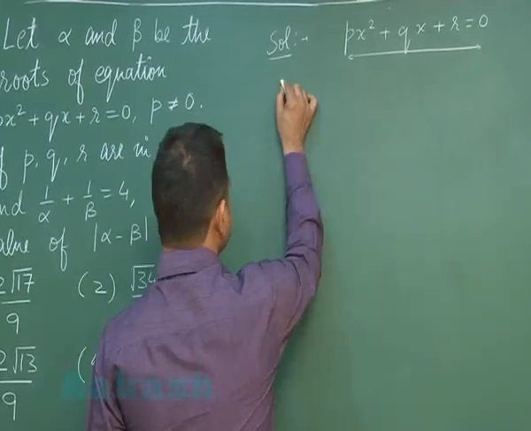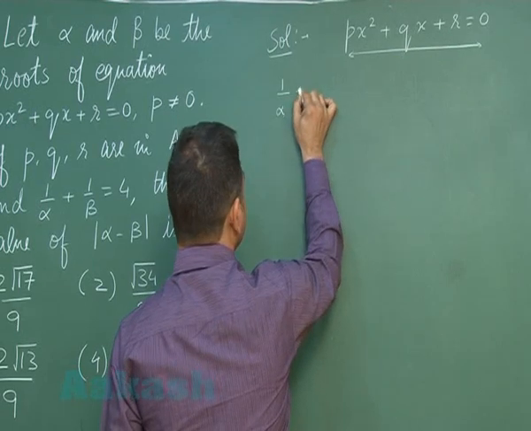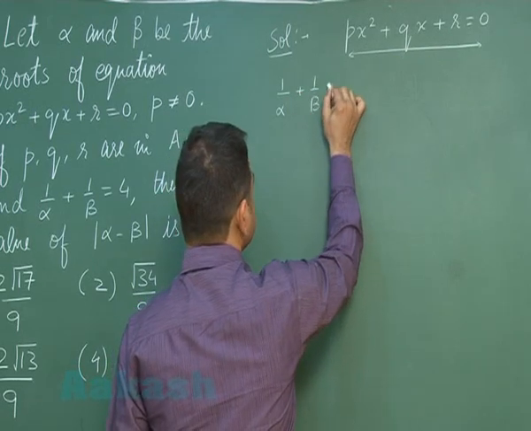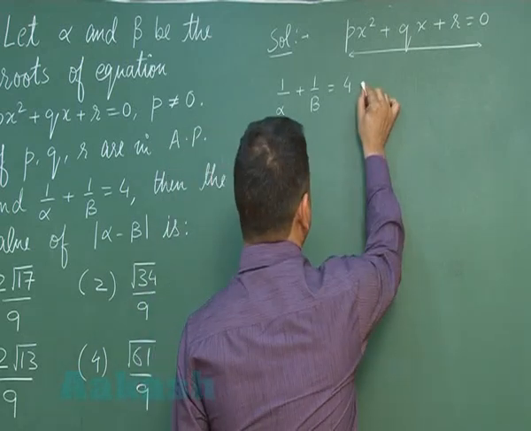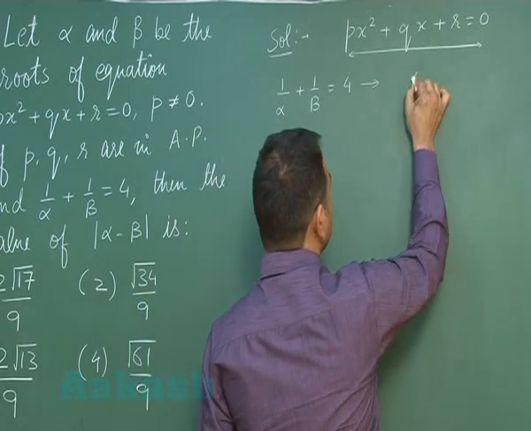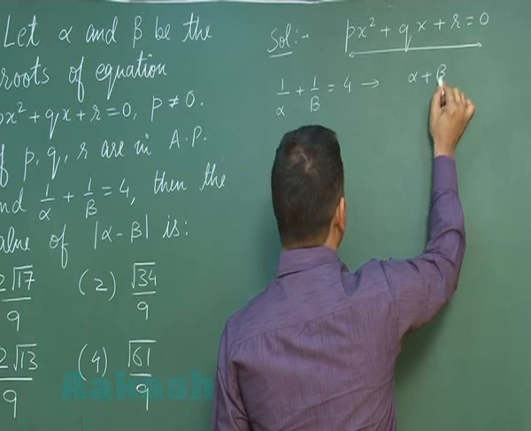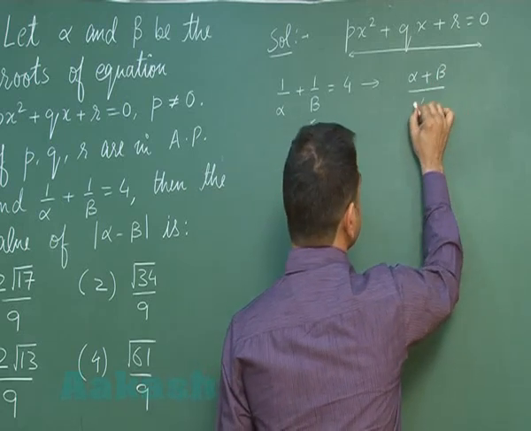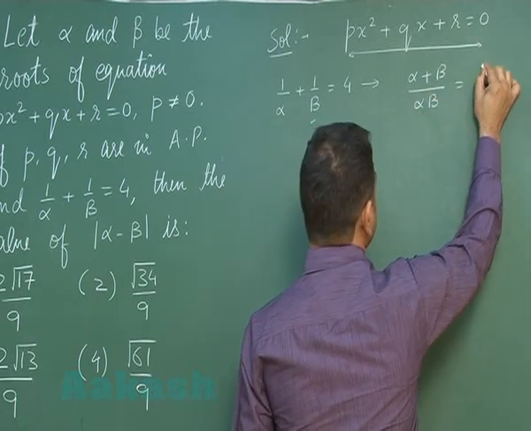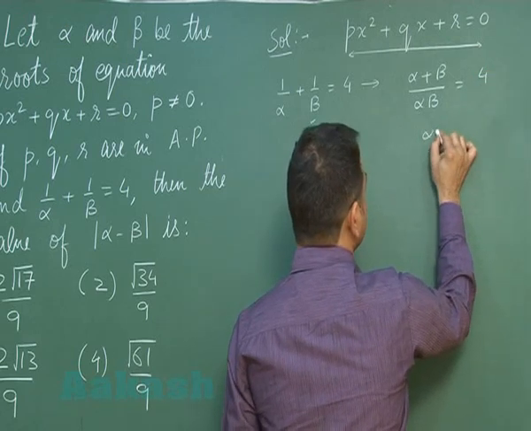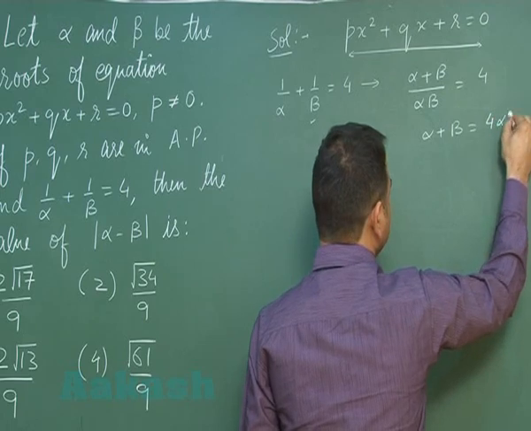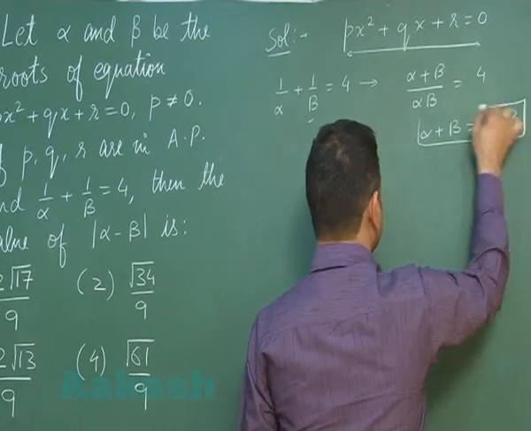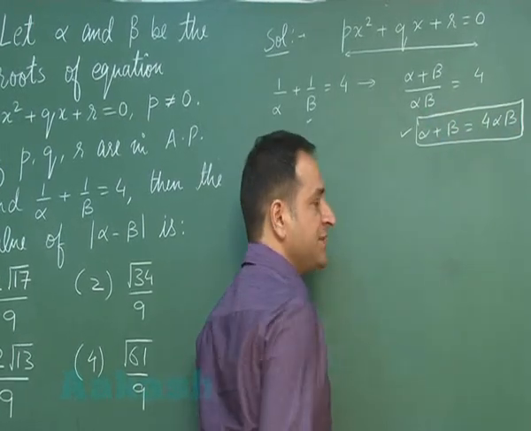Now a relation is given between the roots, that is 1 by alpha plus 1 by beta is equal to 4. From here we can have another relation between the sum and product of roots. If you take the LCM here, you can see from here that alpha plus beta is equal to 4 alpha beta. This is the relation which we will be using.